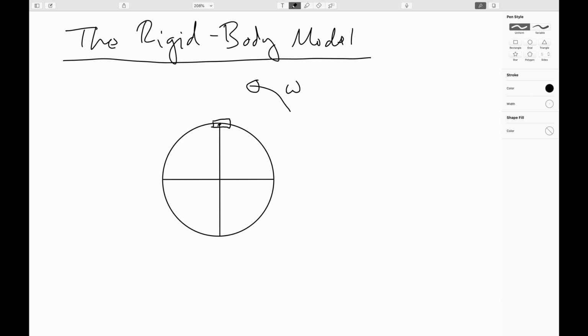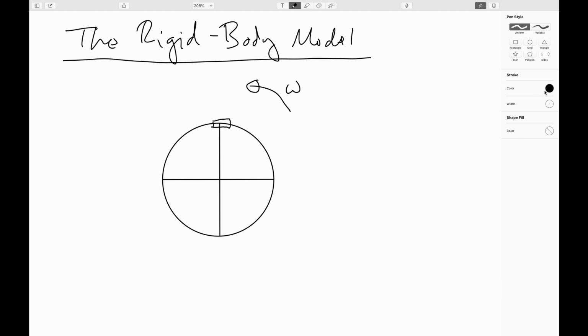So the question is, how does this chunk of tire right here know to go around in a circle? And the answer is it doesn't. Let's just start by looking purely at the case where we're rotating at constant speed.